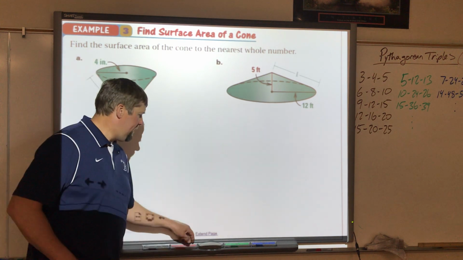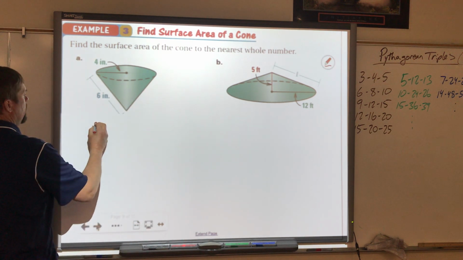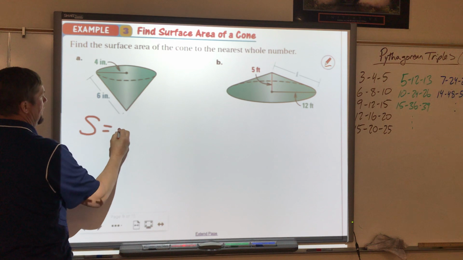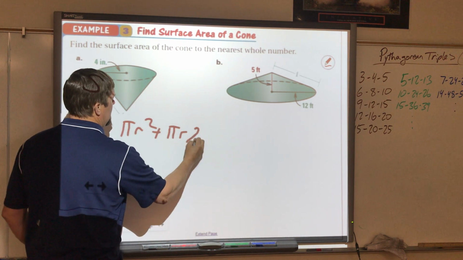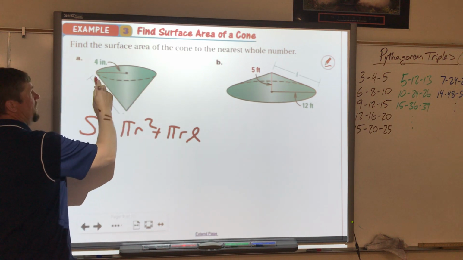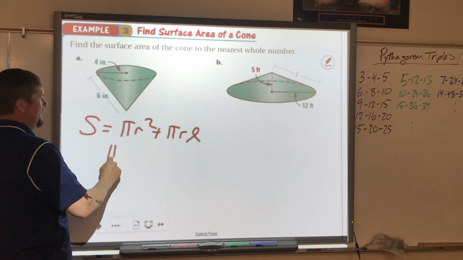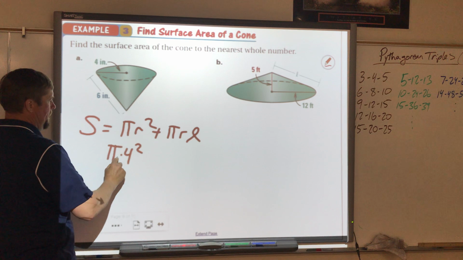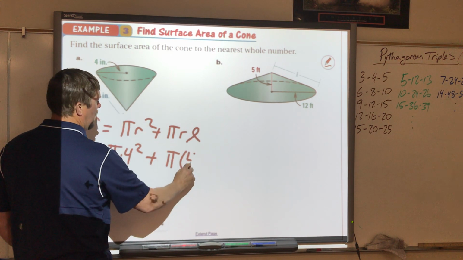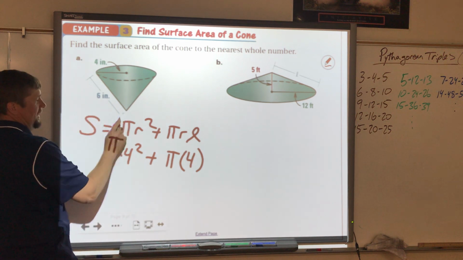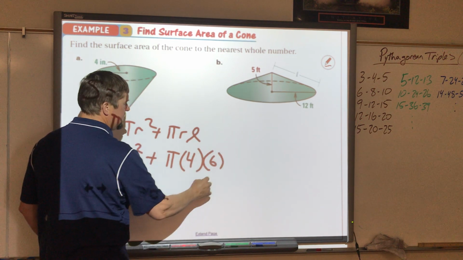So when we use that formula, if we're looking for surface area, it's pi r squared plus pi RL. The pi r squared is the area of the circle, so it's pi times 4 squared plus pi times 4, and then the slant height is 6.